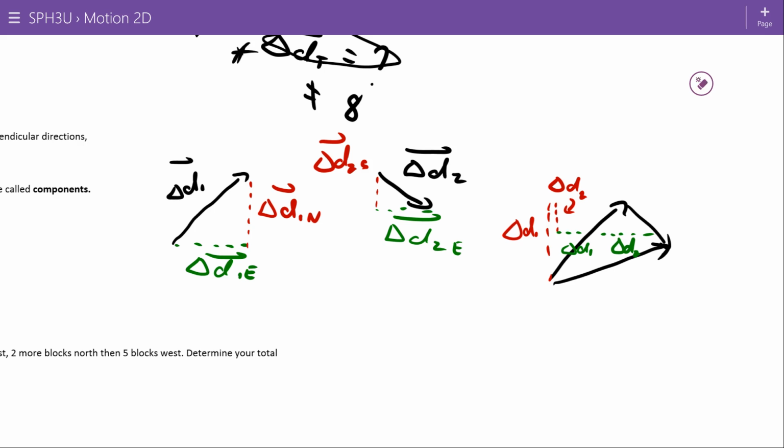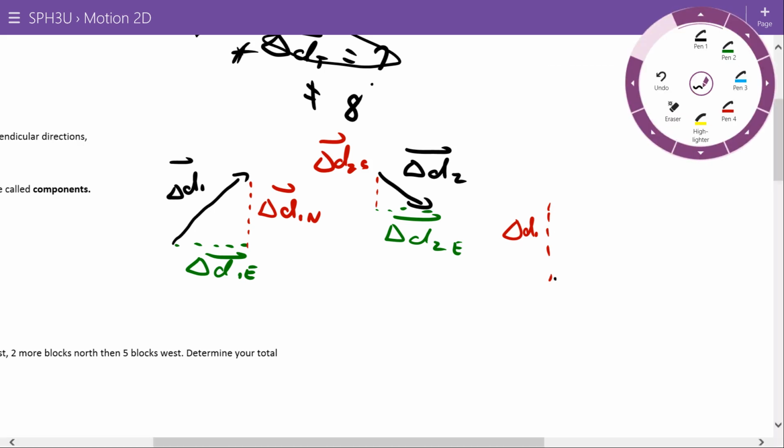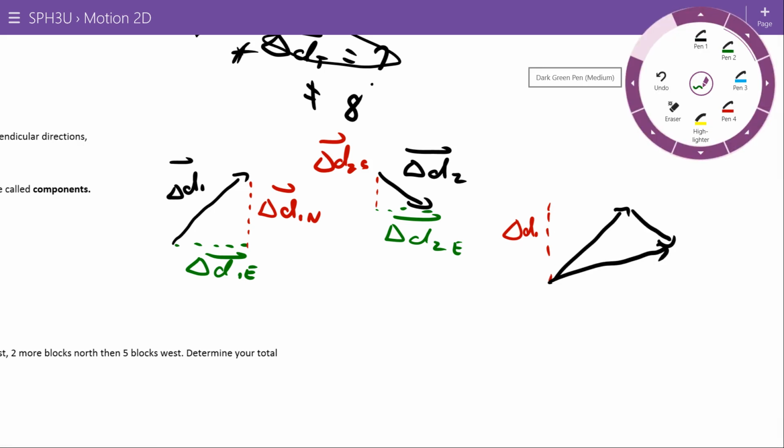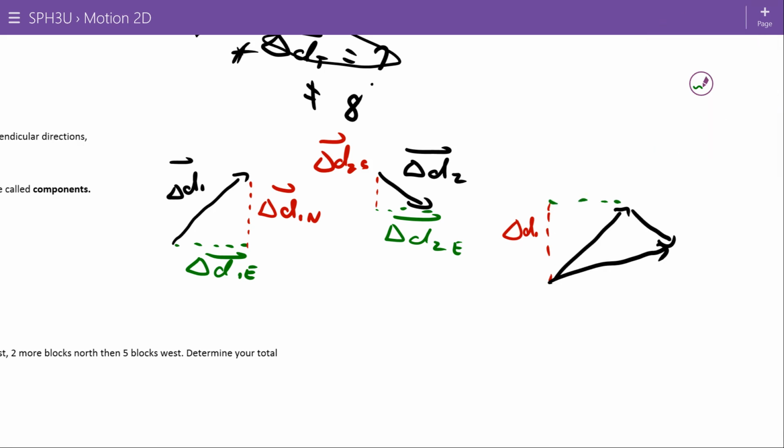I'm not sure that diagram makes it as clear as possible, so let me just re-say that in a different way. Again, we're going to go up here, down here. That's the actual motion, but we're going to treat it instead like you went up, you went over, so we'll call that delta d1. So it's like you're walking around a square that represents that total displacement.